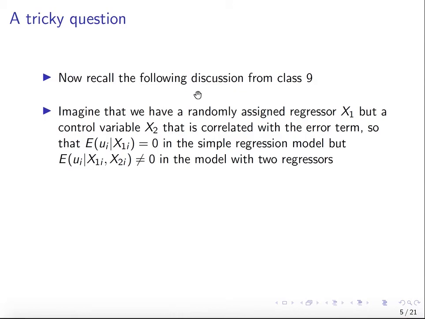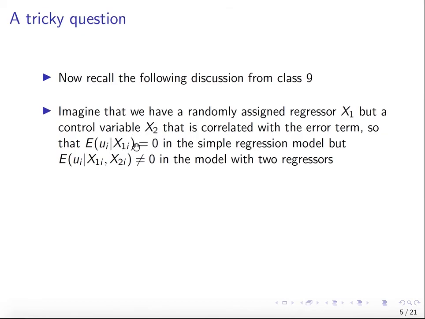Specifically, recall from class 9, we took this scenario where we said, so say x1 is randomly assigned. Say x1, your treatment variable of interest, is really coming from a randomized experiment. So you don't have to fear that the expectation of ui given x1 is different from 0.